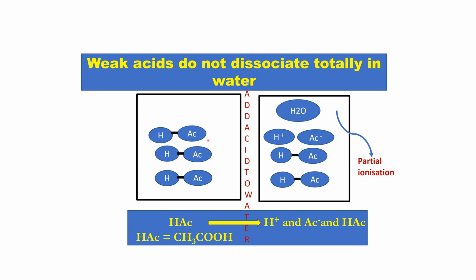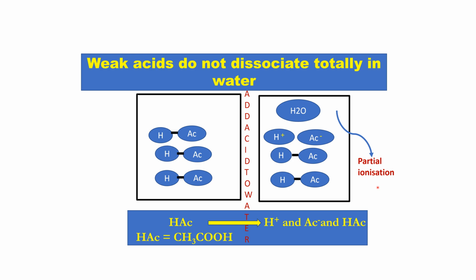Acetic acid is CH3COOH, but if we represent CH3COOH by HAC, we will have HAC, 3 molecules of acetic acid, and when we add it to water, only one of these 3 acetic acid molecules will dissociate. So you see H plus, AC minus. These 2 molecules of acetic acid are still bound together. So in this case, we say that there is partial ionization.